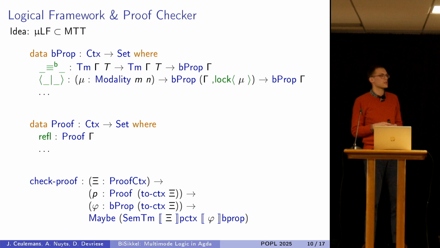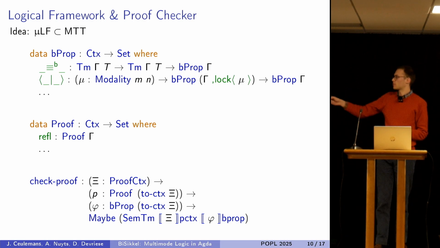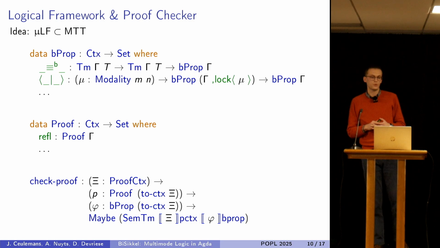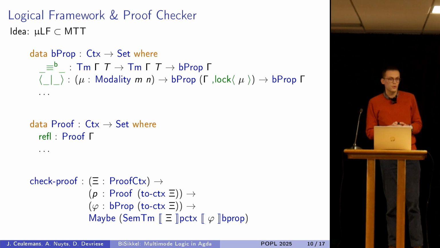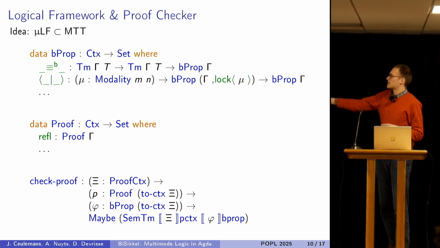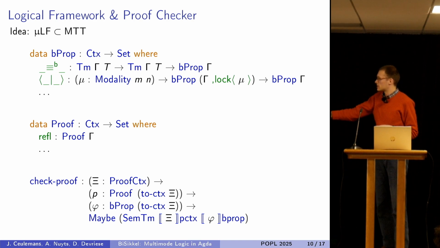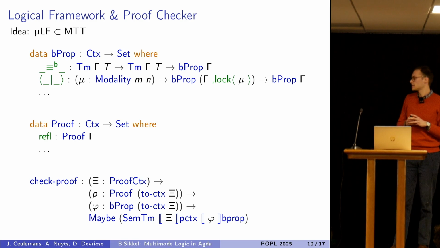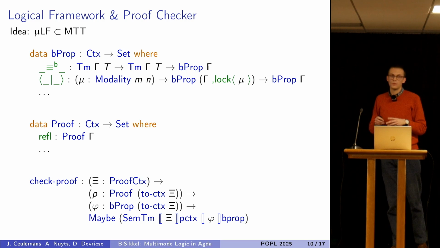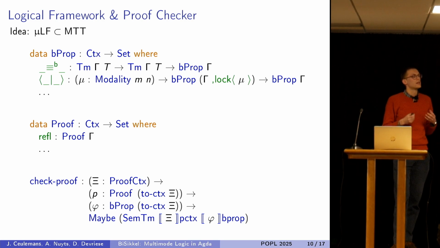And so BiSikkel also has a proof checker, which comes in the form of an Agda function check proof. It takes a proof context. A proof context can contain not only program variables, but also proof variables, so assumptions. It then takes a proof, where this 2ctx function just removes all the proof variables from our context, and it takes a proposition, and will then tell us whether P is indeed a valid proof of phi.